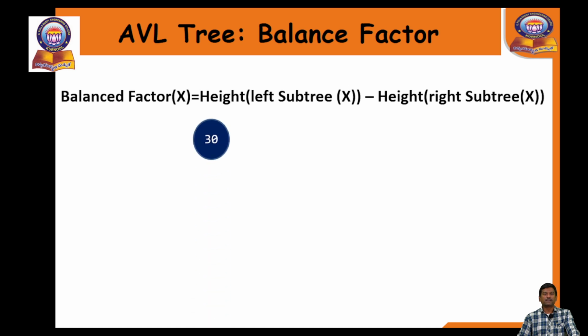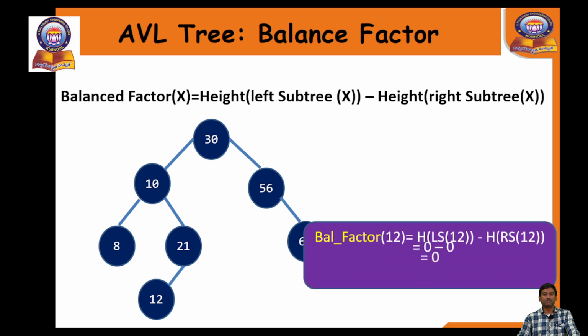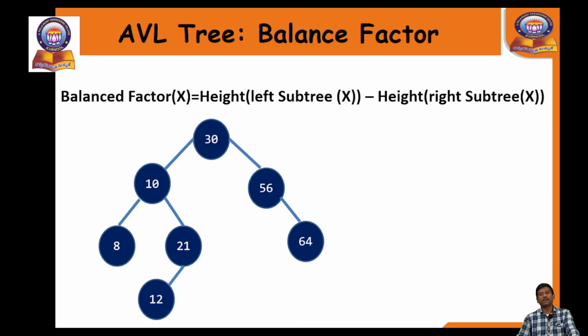So consider this example, where we have the nodes 30, 10, similarly 56, and certain other nodes are present. You have to identify whether it is an AVL tree depending on the balance factor. So how to start finding the balance factor? In general, you'll be starting with the leaf nodes.